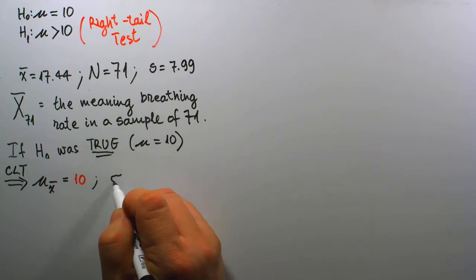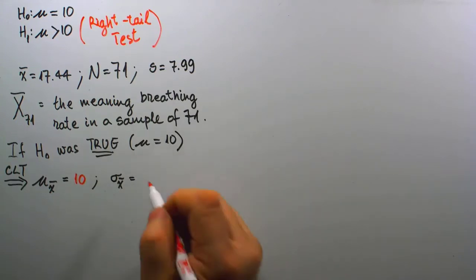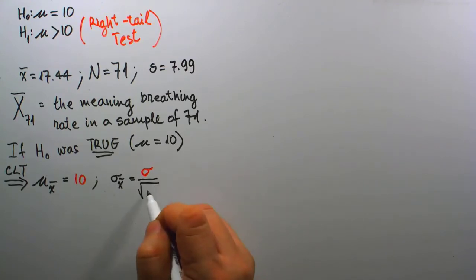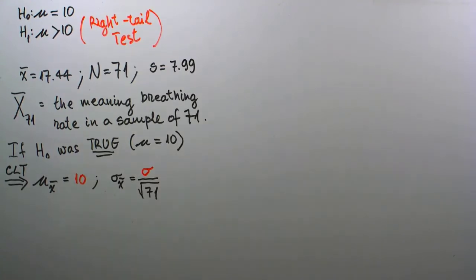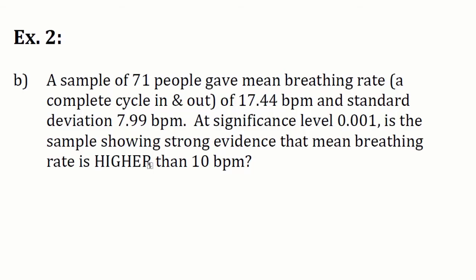Central limit theorem stated that sigma X bar, the average spread on this population, can be found by sigma over square root of the sample size, which in our case is 71, since we are using 71 people in a sample. But now again, looking back at the wording description of our example 2 part B, the entire description of this problem is only about a description of the sample that we currently have.